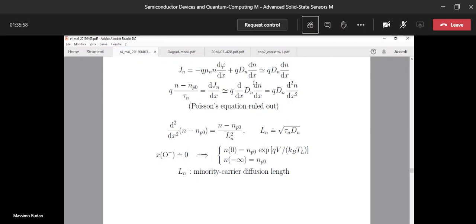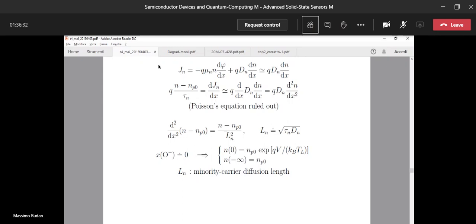Then we have the diffusion term, that is q times the diffusion coefficient times the derivative of n with respect to x, okay? So you see this equation, of course, contains the electric potential. So it couples this equation and the corresponding continuity equation with the Poisson equation.